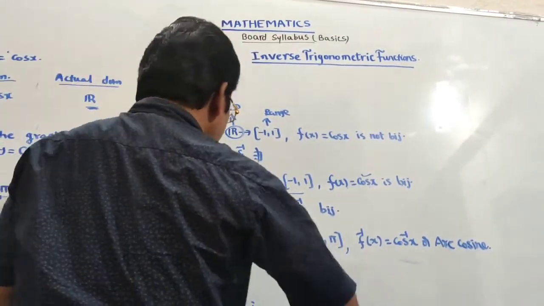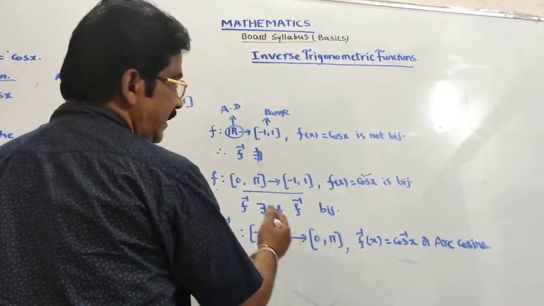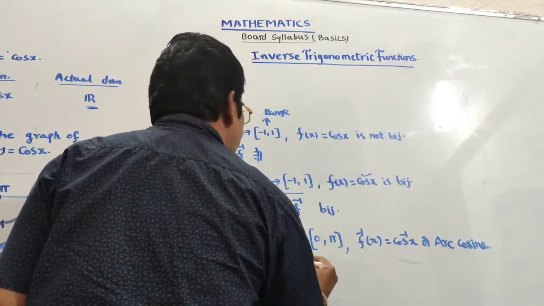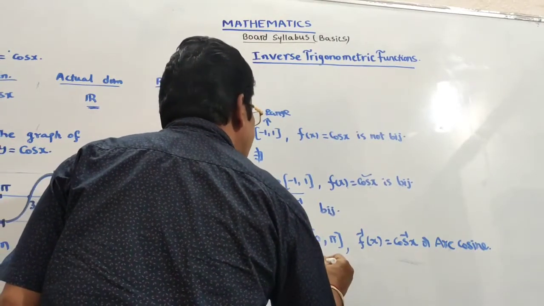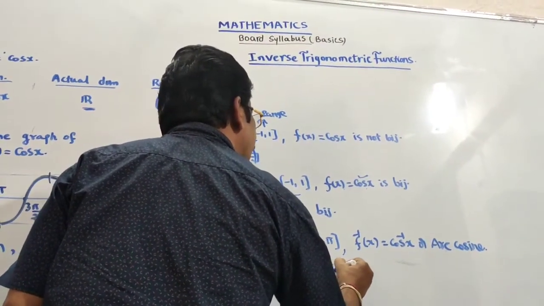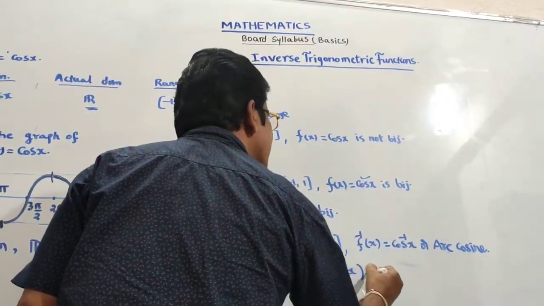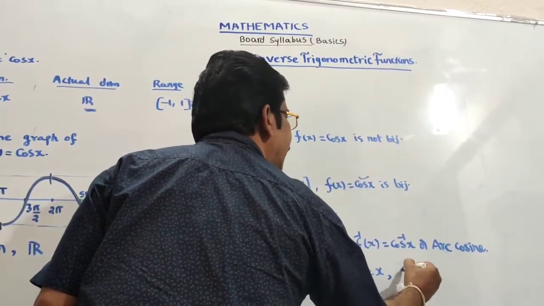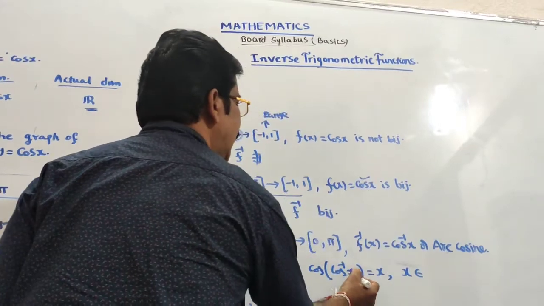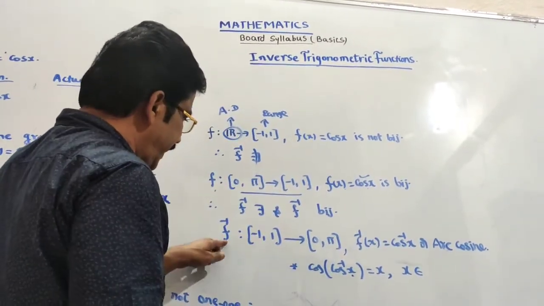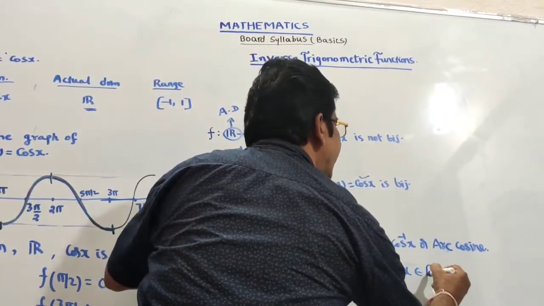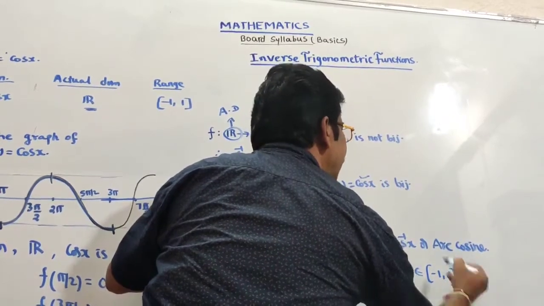Here, likewise in sin x, one formula is there. What is that? Cos of cos inverse x is equal to x, where x is in the domain of cos inverse, that is the closed interval of -1 comma 1.